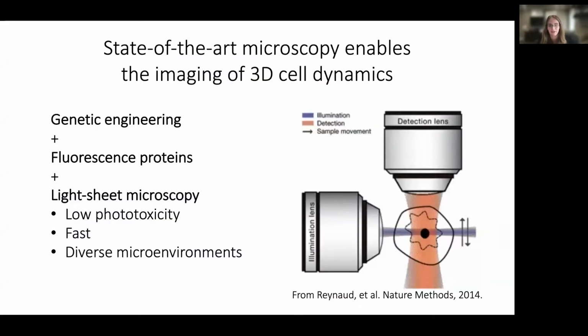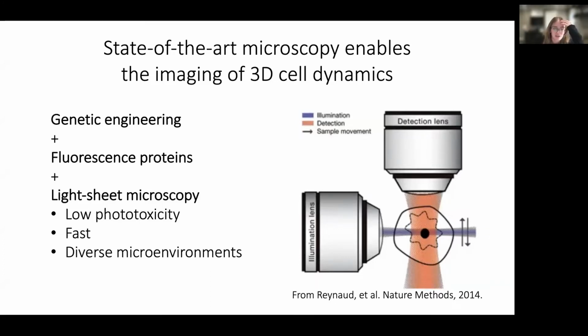And recently, thanks to advances in microscopy, we can now image the cell with enough spatial resolution to see signaling in subcellular dynamics, right? We have genetic engineering that allows us to engineer in fluorescent proteins that light up elements of the cell that we're interested in.